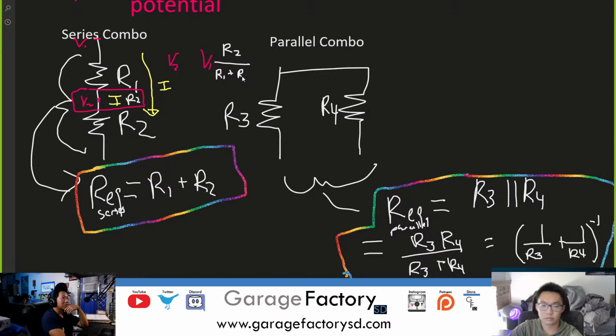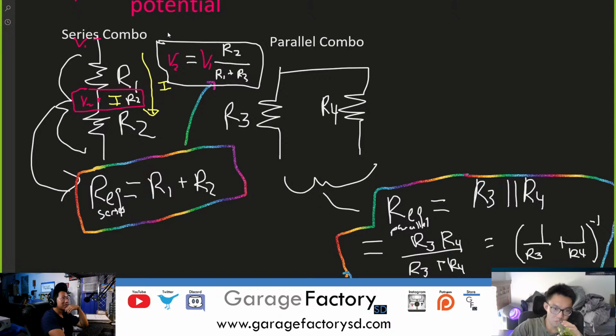So let's use this equation here, substitute it there, and solve for V2. So that's the resistor divider, solving for series.